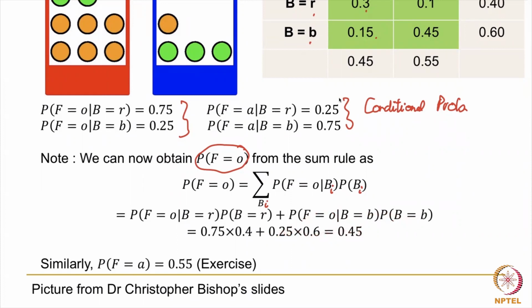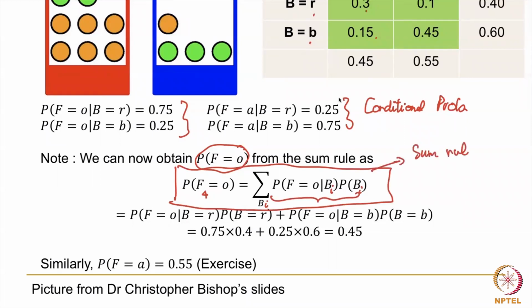So summed up 0.45, and you get this 0.45. So similarly, you will get this other probability, which you can do as an exercise. You will get that as 0.55. All these are reasonably simple calculations, but notice this. So this probability can be calculated from the sum rule via marginalization.